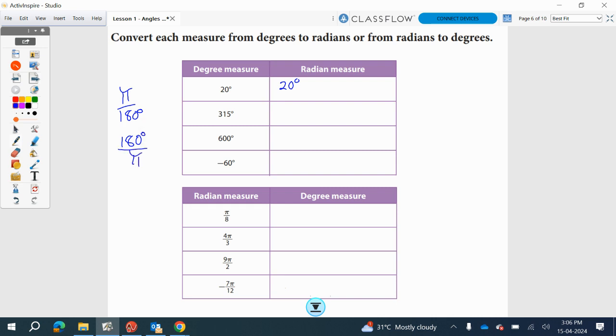I just know that half a circle is pi, and half a circle is 180. So this is the ratio. I've got to get rid of the degree symbol, so I have to have the degree symbol in the bottom. So it's this way up. I can simplify that, and that's going to give me pi over 9.